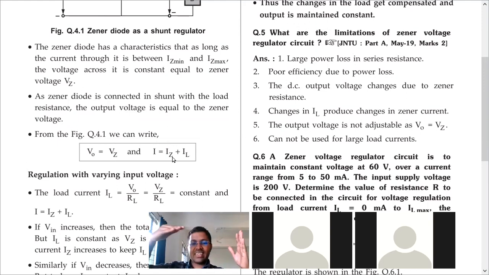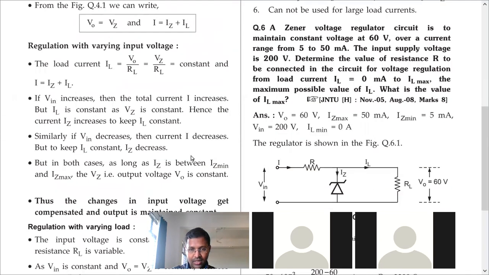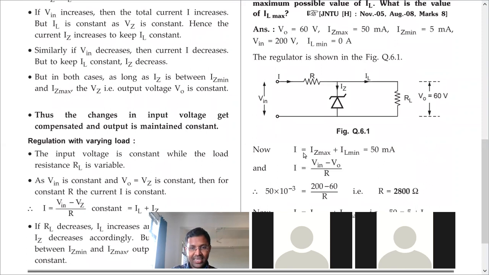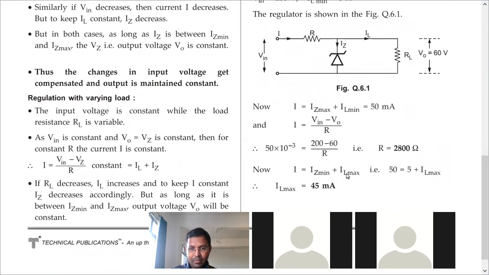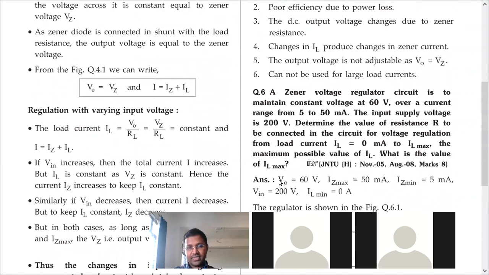Suppose first child will take 10, minimum. Second child will get maximum 90. So you can say I is Iz min plus IL max, or other case.